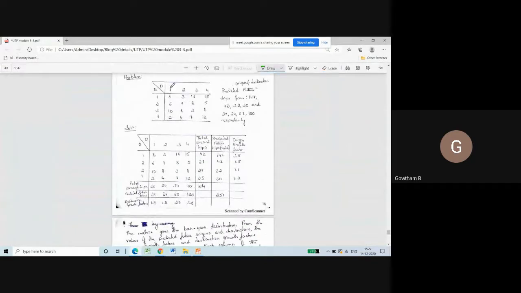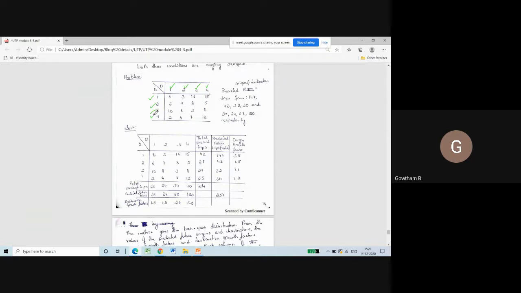Here, a total of 4 areas are there. Let me call them area number 1, area number 2, area number 3, and area number 4. The same I have designated in the columns.